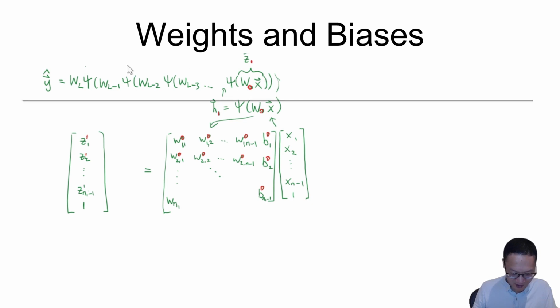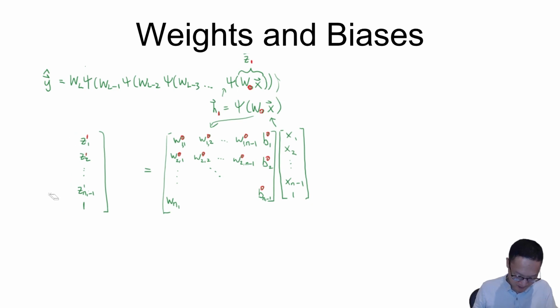The 1 actually comes later. So we don't need the 1 for now. The 1 will come when we use the function psi. But this is still going to be W, so basically there's n1 minus 1 rows.